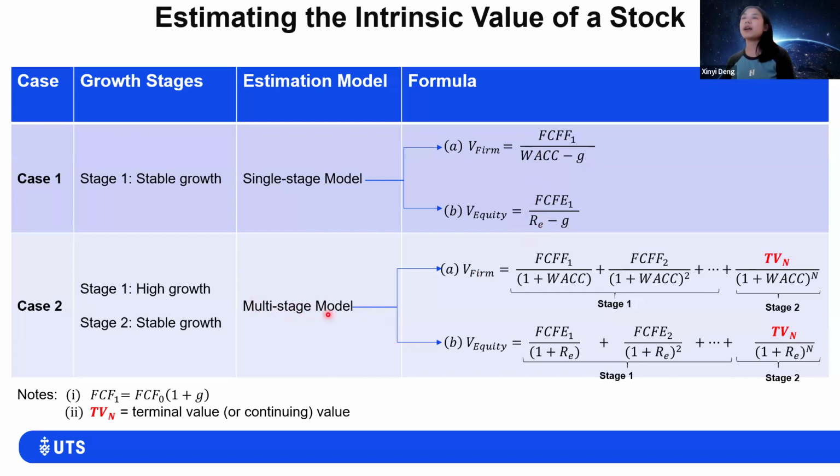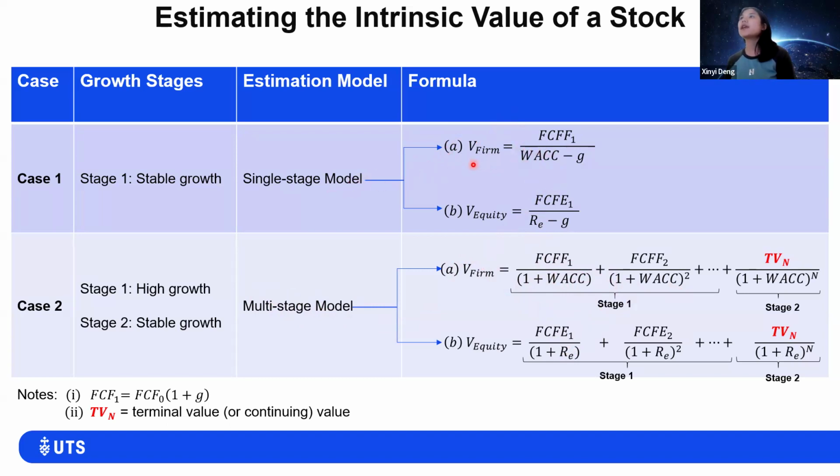And also if we are comparing the multiple stage model, when we use FCFF and when we use FCFE, again, we're just replacing WACC with RE. So we're just using different discount rates. So the single stage models are really straightforward.